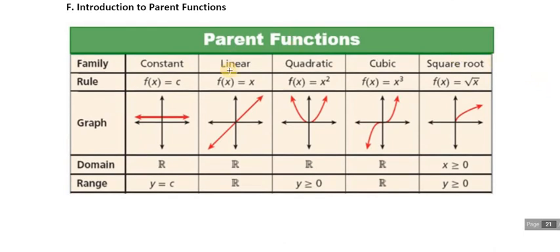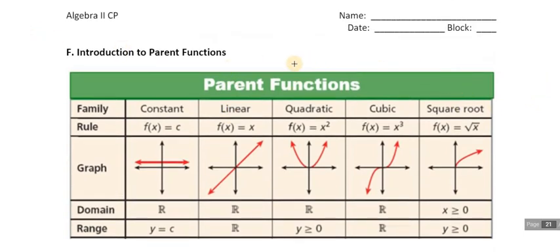And here's just a little introduction to parent functions. It's not a huge deal at the moment. We've got constant functions, linear functions, quadratic functions, and cubic functions, in addition to our square root functions. So a constant function means y equals some constant number, and that's always going to be a horizontal line, where the domain is technically all real numbers and the range is only one particular y value.